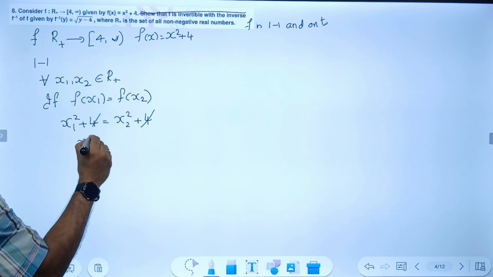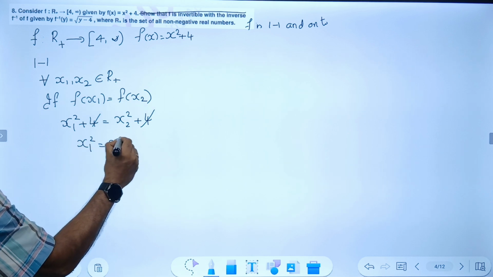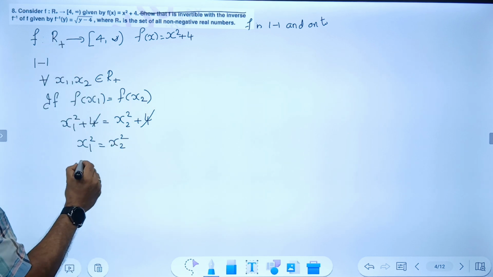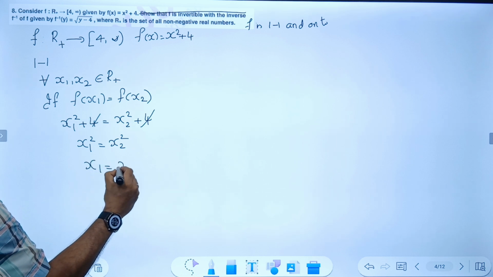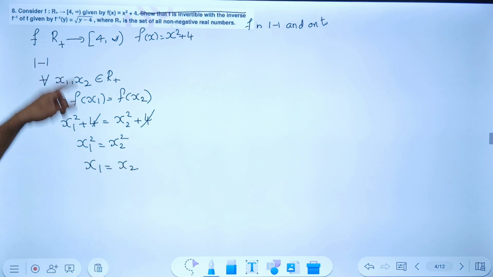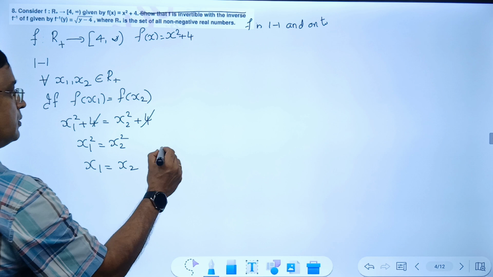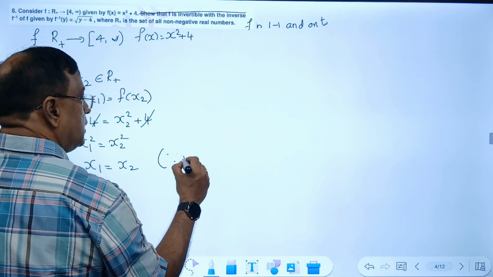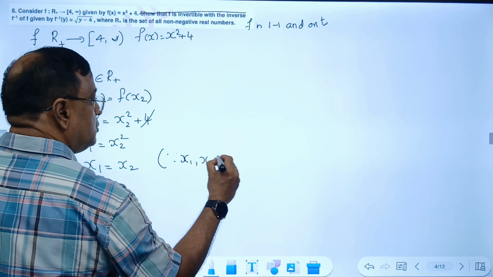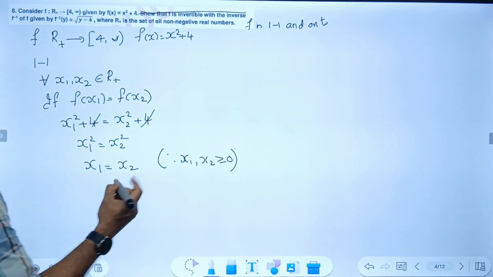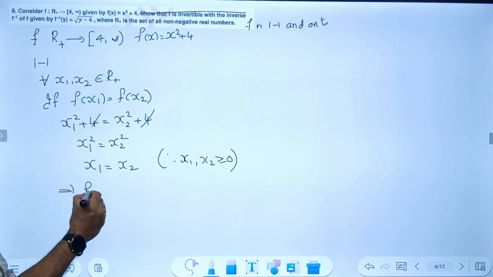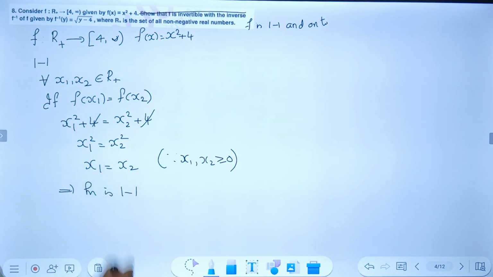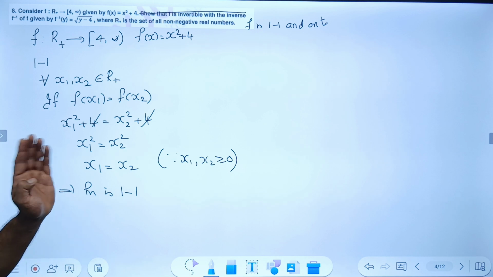You get x1 square equal to x2 square. Obviously, since it is R plus, I don't have to take plus or minus. Since x1 and x2 are both positive, this implies the function is 1 to 1. So you have proved the given function is 1 to 1.